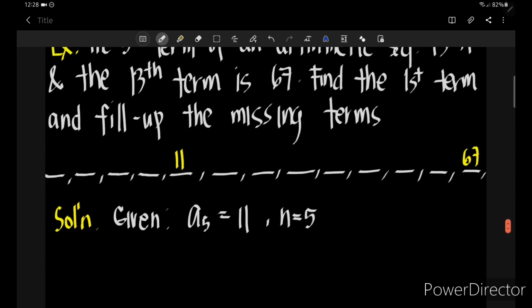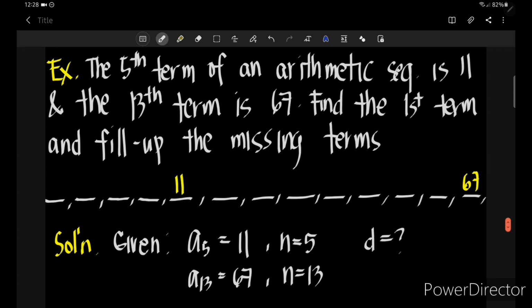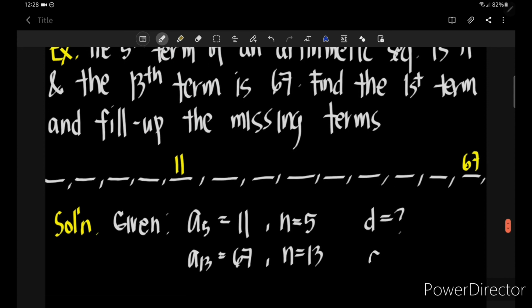Next, 13th term is 67. So, we have a sub 13 equals 67. Here, our n is 13. And we are looking for d, and also for the first term, which is a sub 1.